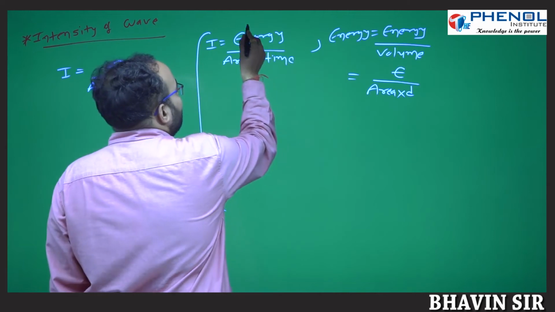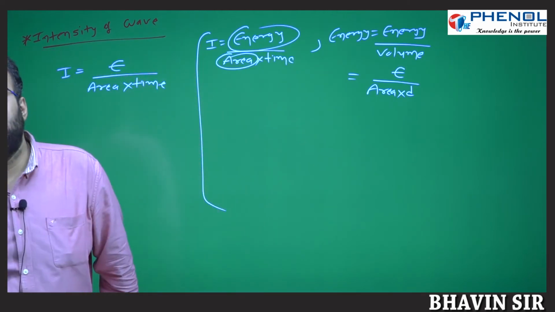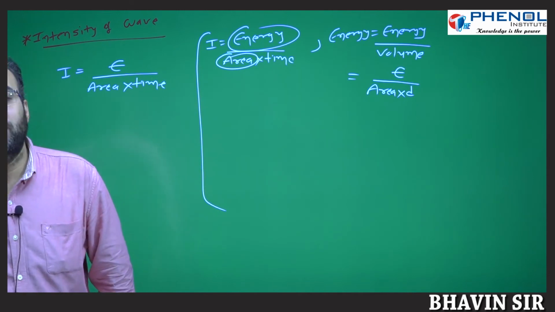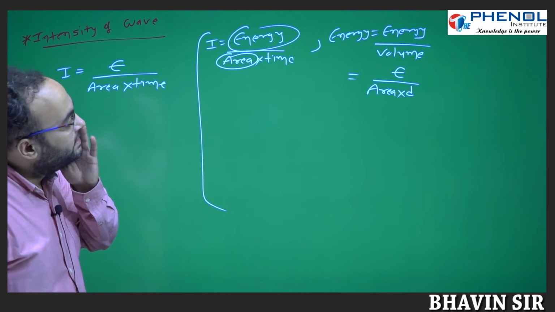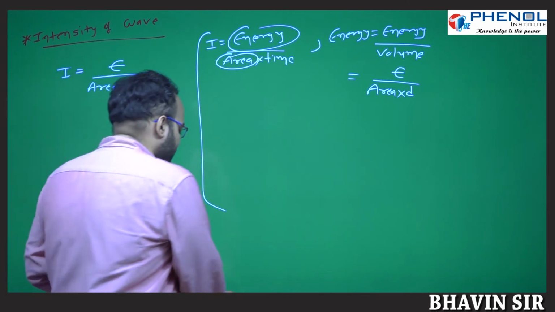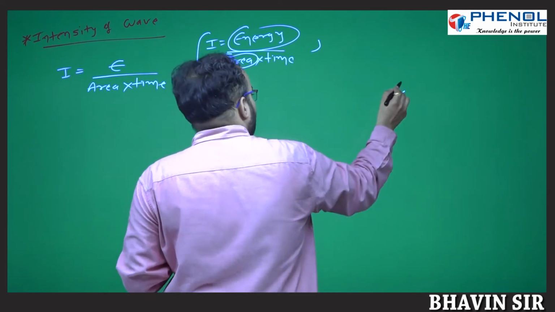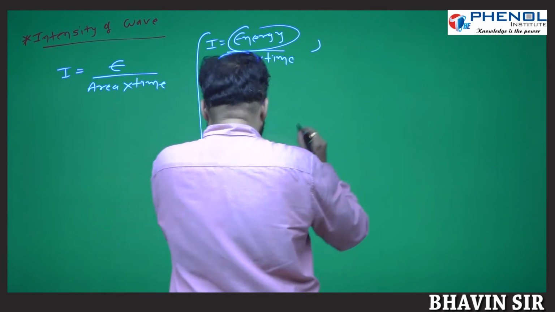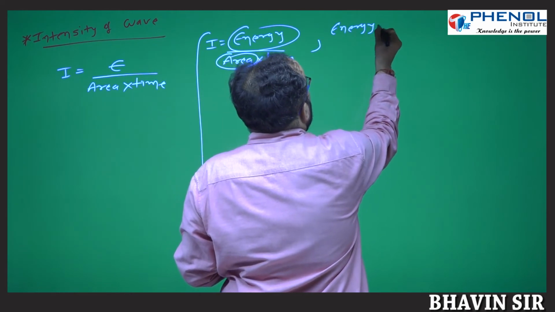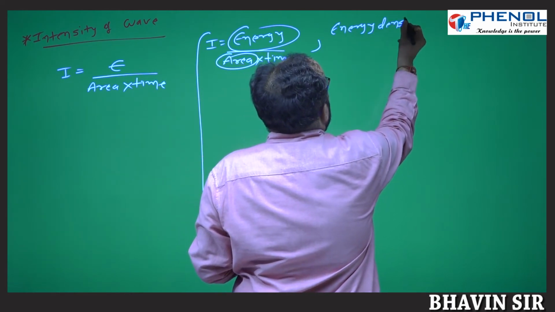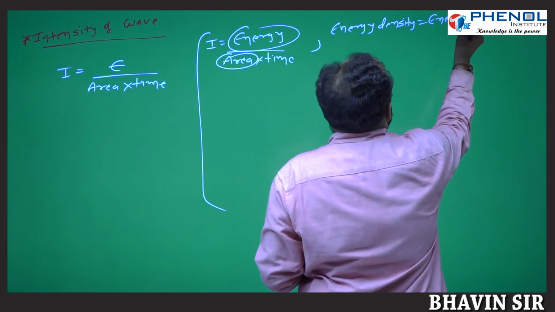So see students, here energy and area are there. If you want to write intensity in terms of rho, intensity in terms of energy density, then what is the formula of energy density?